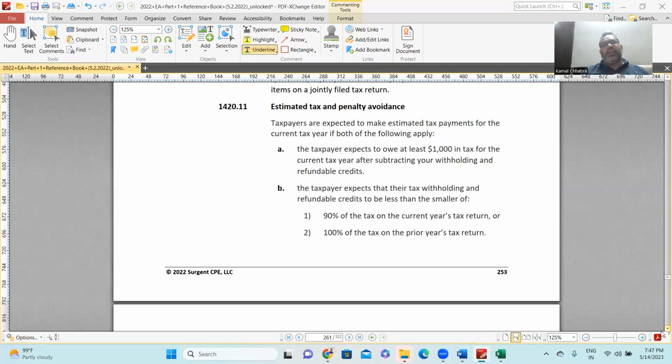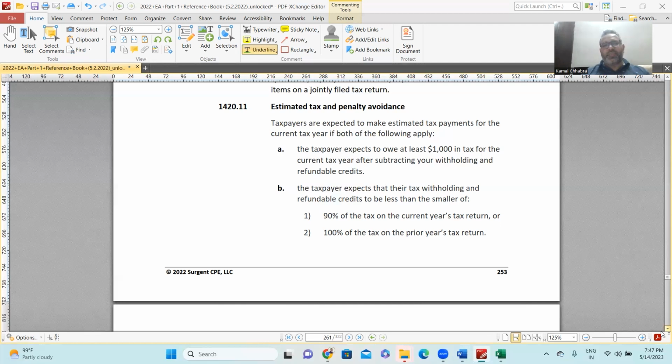In that scenario, he or she is not required to pay estimated tax. But if withholding tax is, let's assume, $8,000 and estimated tax is $10,000, that means the shortage is more than $1,000. In that scenario, that individual needs to pay estimated tax in advance. Make sense? First point, A point. Is it clear?